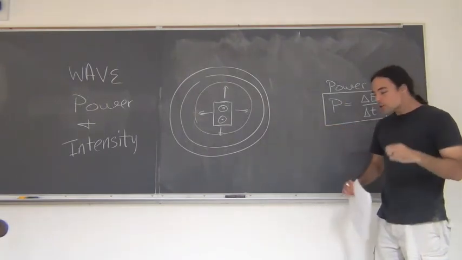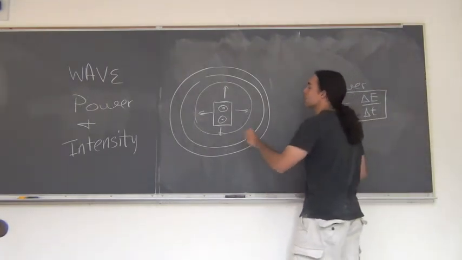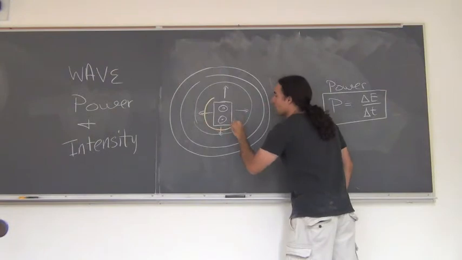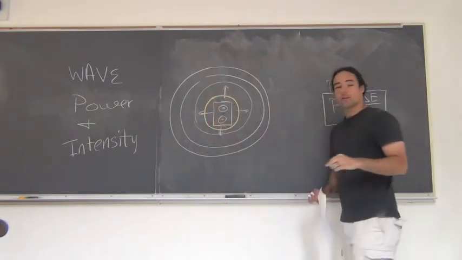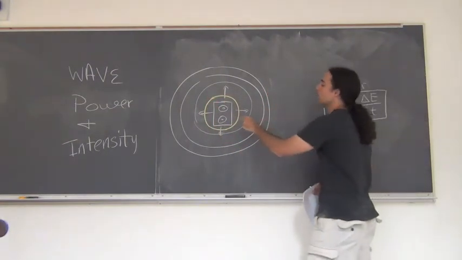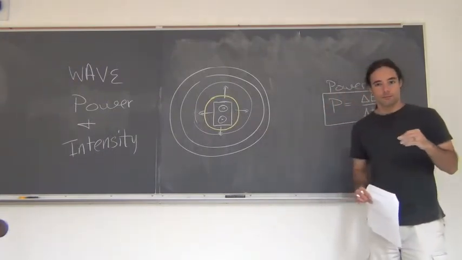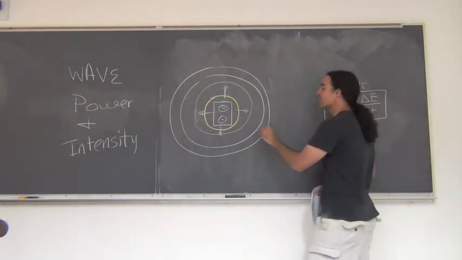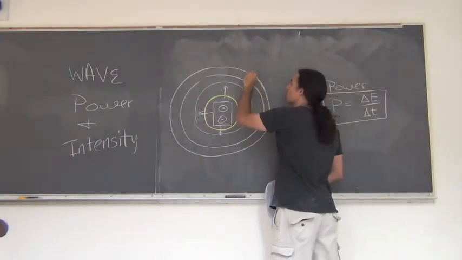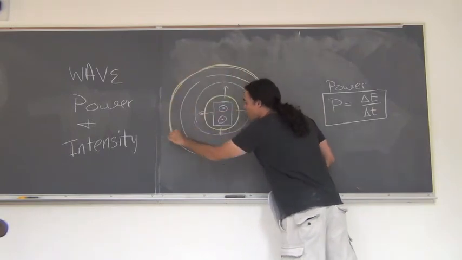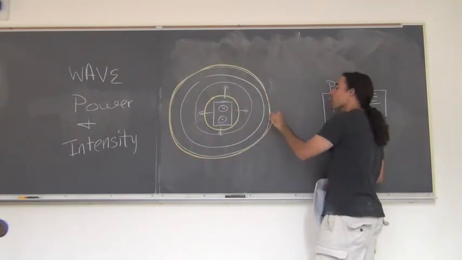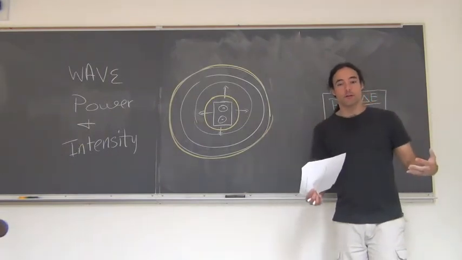Well, originally, all of my energy was in a very, very tight spherical shell right around the speaker. Now we have the same energy, but it's spread out over a much larger area, a much larger sphere.